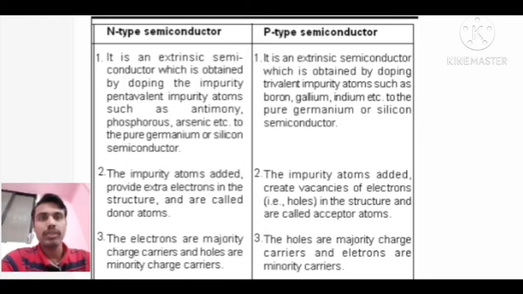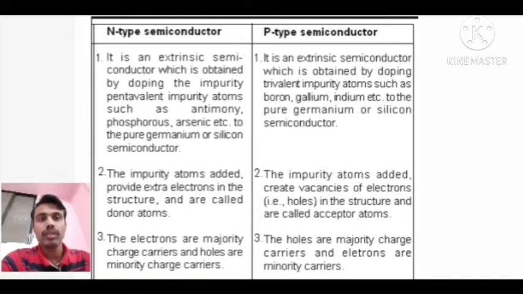The next difference between n-type and p-type semiconductors is that when impurity atoms are added to the intrinsic semiconductor, the pentavalent impurity atoms are called donor atoms because they donate one extra electron to the semiconductor structure. On the other side, for p-type semiconductors, the impurity atoms added create vacancies.